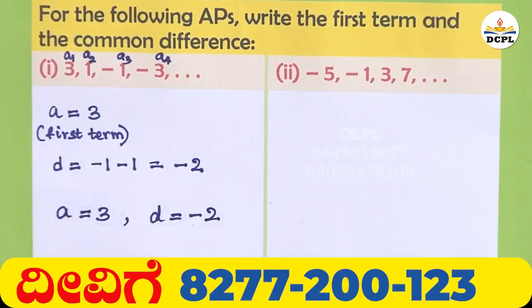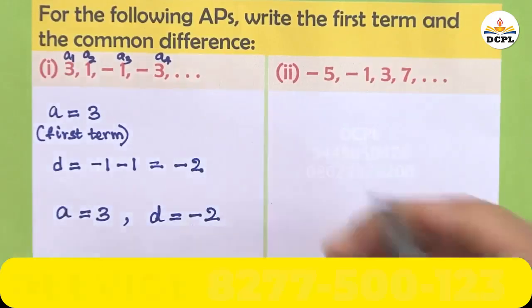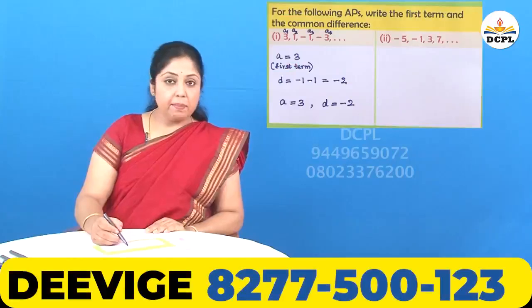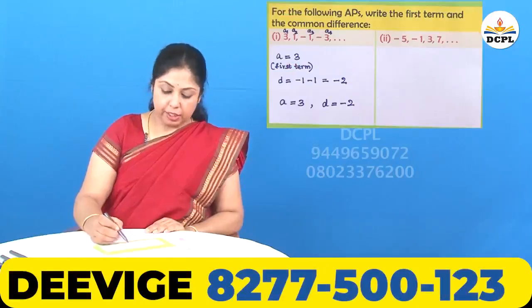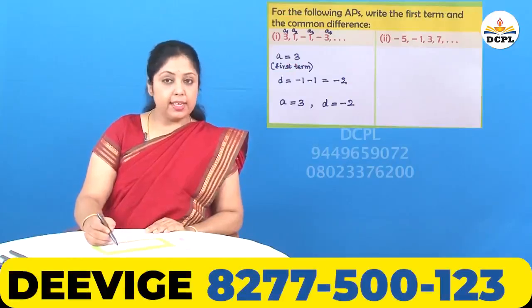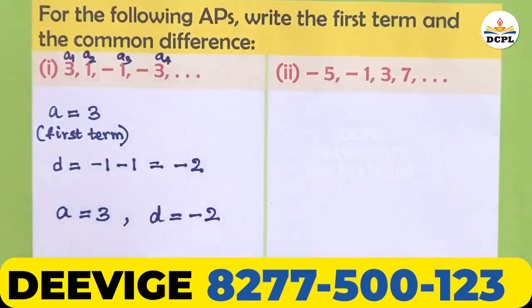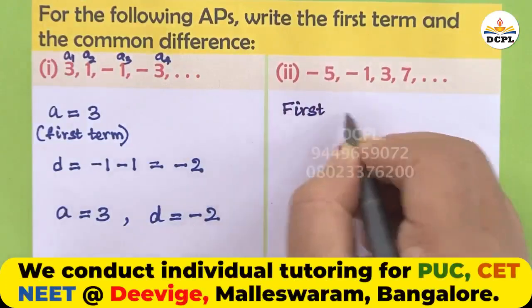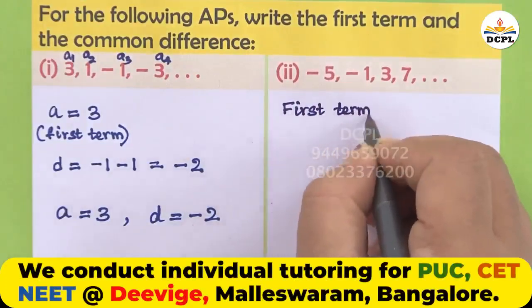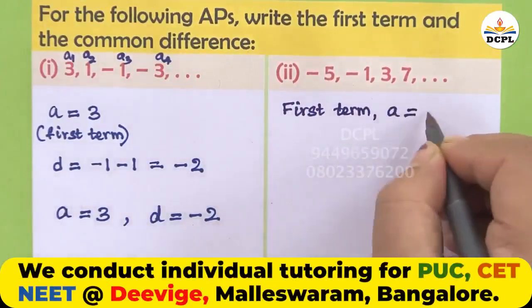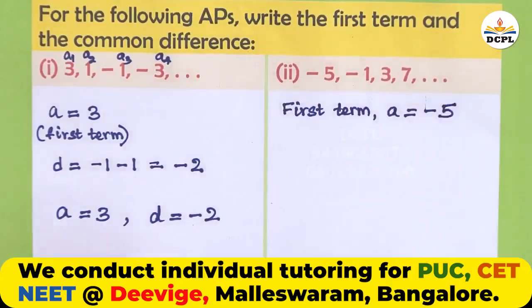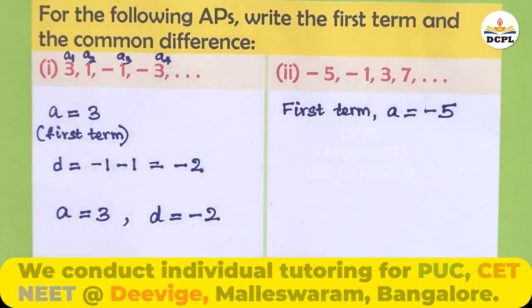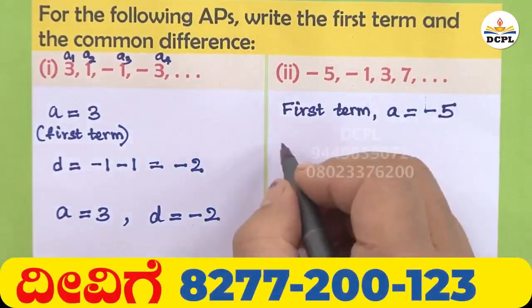Now let us proceed to the second part of this problem. The second part reads minus 5, minus 1, 3 and 7. The first term, which is A, is very clearly minus 5. Now let us find the common difference.